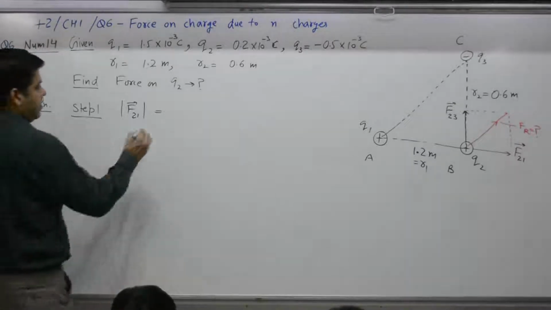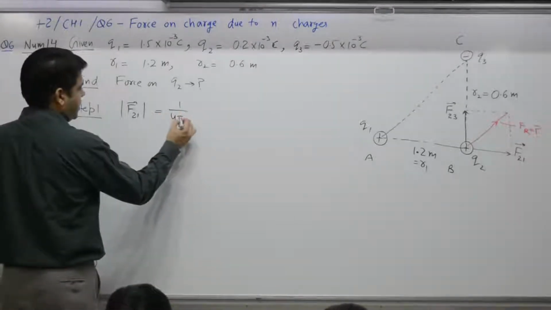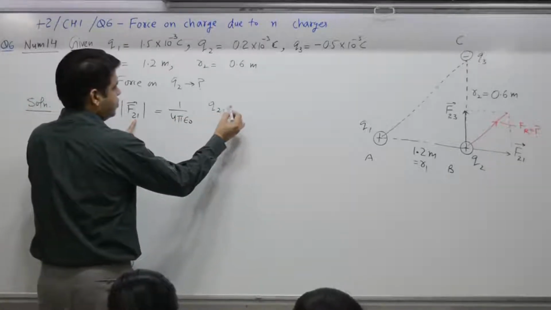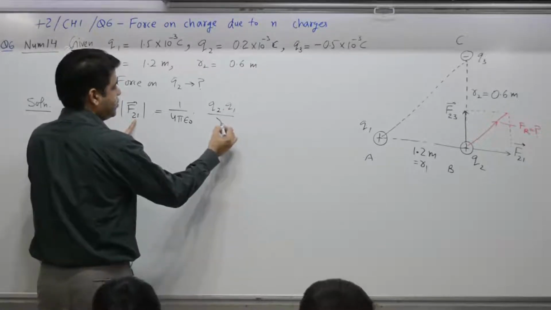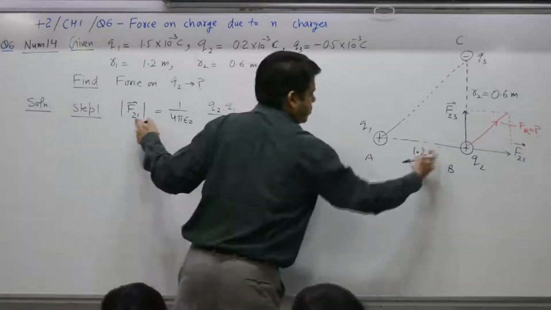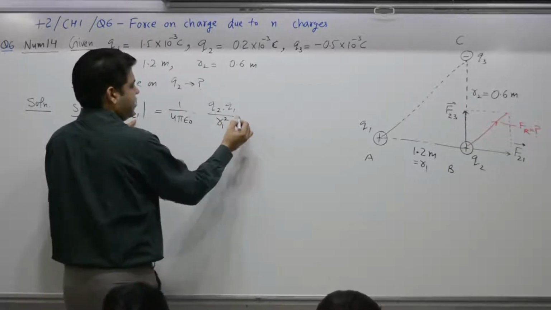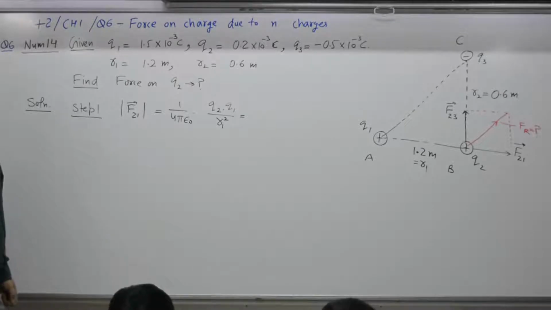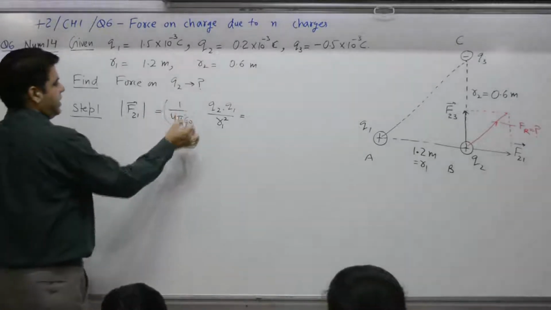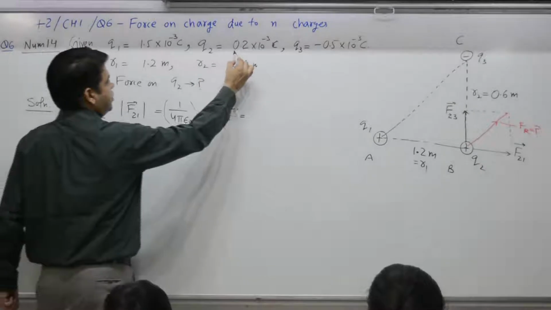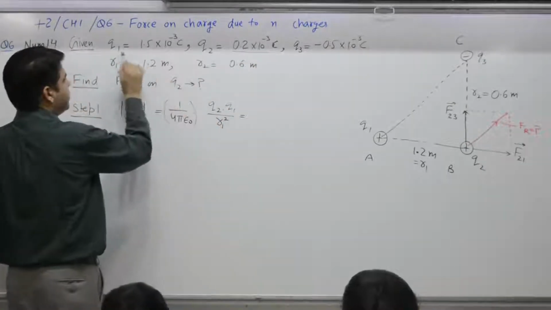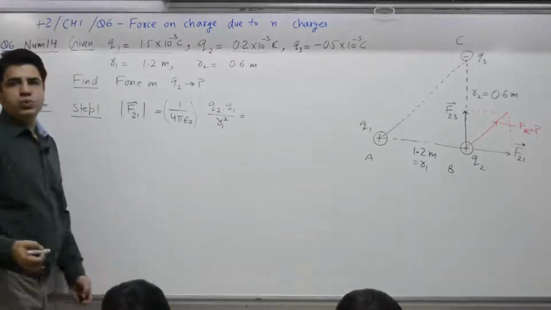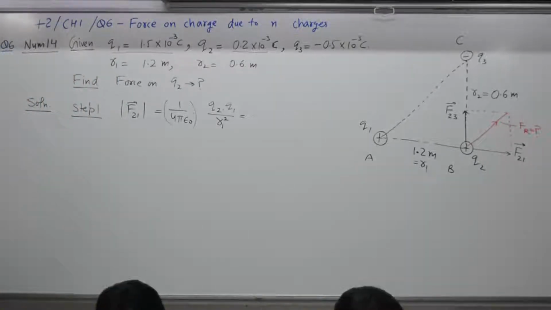Formula: 1 by 4 pi epsilon naught, Q2 Q1 over the distance between the two. Between 1 and 2, the distance is marked as R1. Put values. 1 by 4 pi epsilon naught is 9 into 10 power 9. Q2 is 0.6 into 10 power minus 3. Q1 is 1.5 into 10 power minus 3. R1 is 1.2. One minute for calculation.